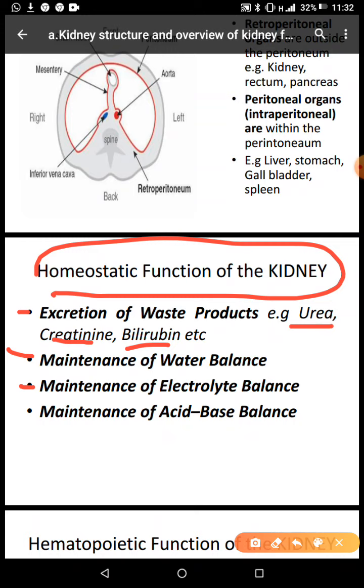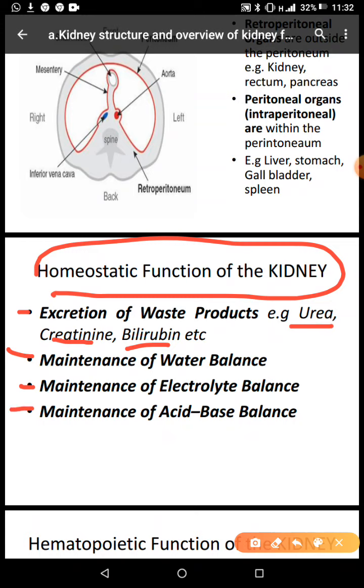For example, if there is too much sodium in the blood, the kidney will ensure that more sodium is excreted out of the body. Again, if there's little sodium in the body, the kidney will increase sodium reabsorption. So every little sodium passing through the renal tubules will be reabsorbed just to maintain electrolyte balance.